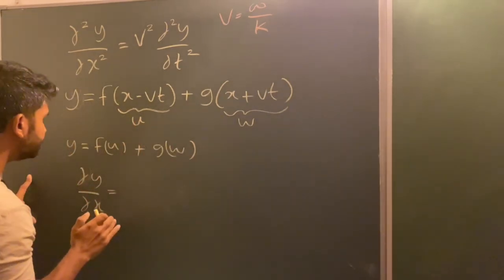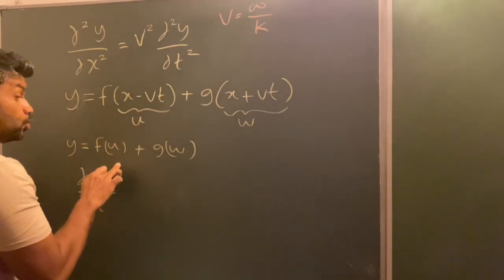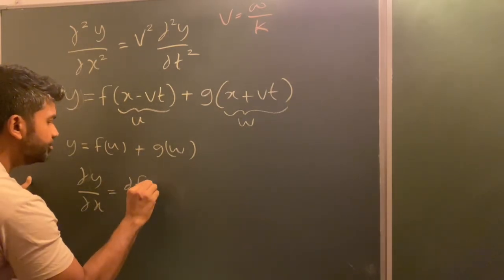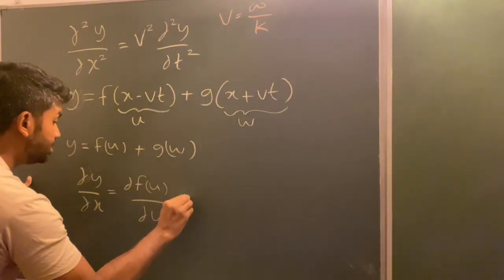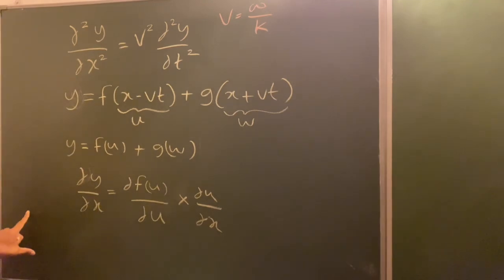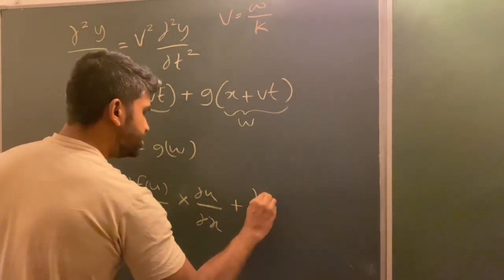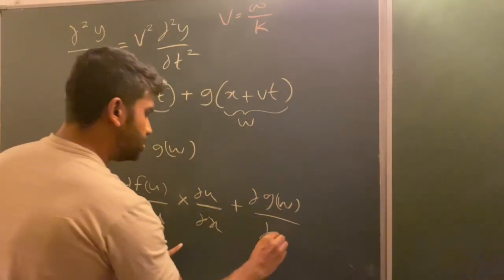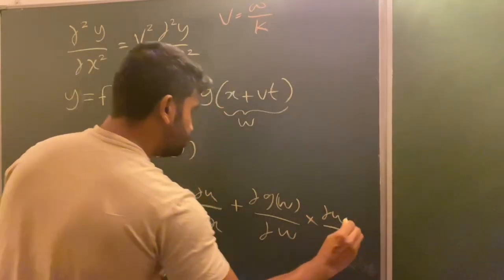When I get the derivative, this is something in u. So I'm going to get dabba f over dabba u, and then dabba u over dabba x. That's fine. Plus here dabba g over dabba w, and here dabba w over dabba t, right?